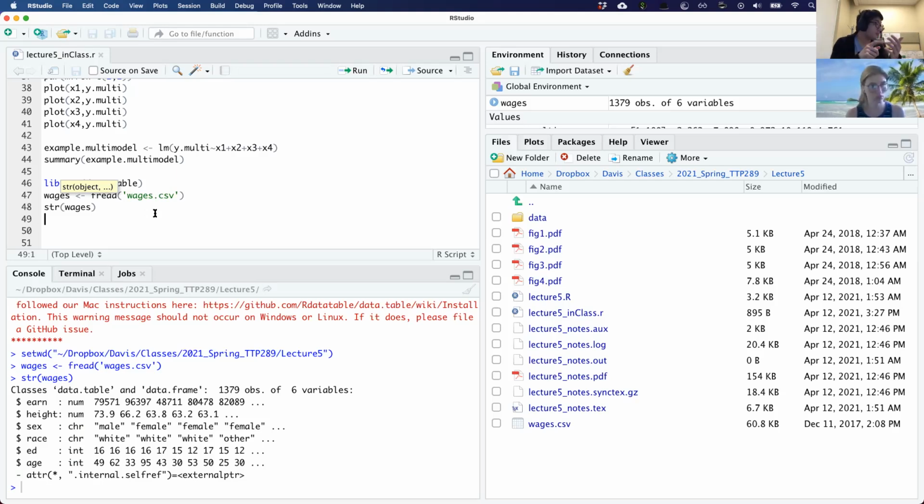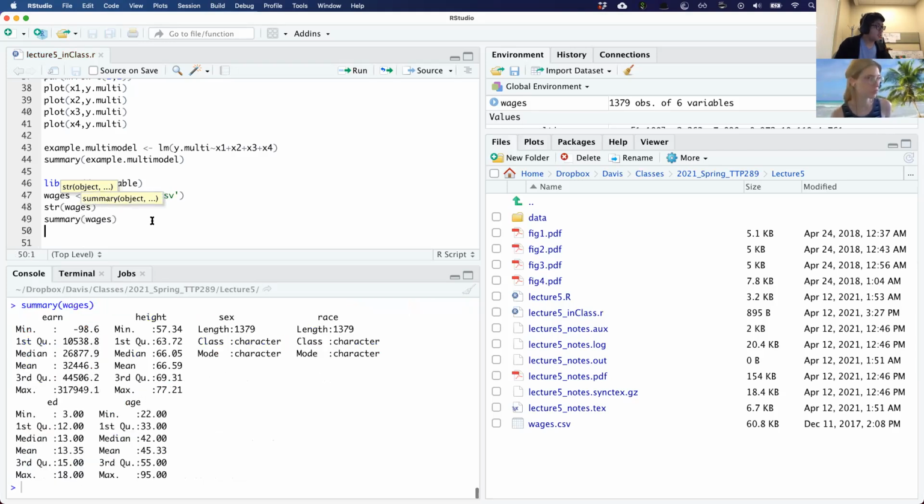There's 6 variables. Earn, which stands for your annual earnings, height, sex, race, education, and age. And let's do a summary of wages. Okay, so we have earnings, we have heights, all of which make sense.